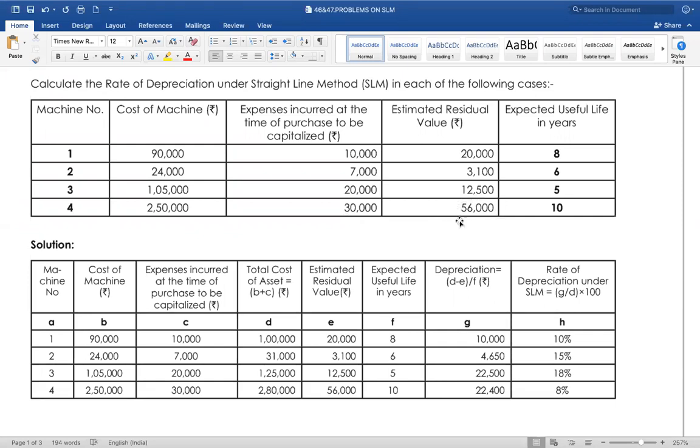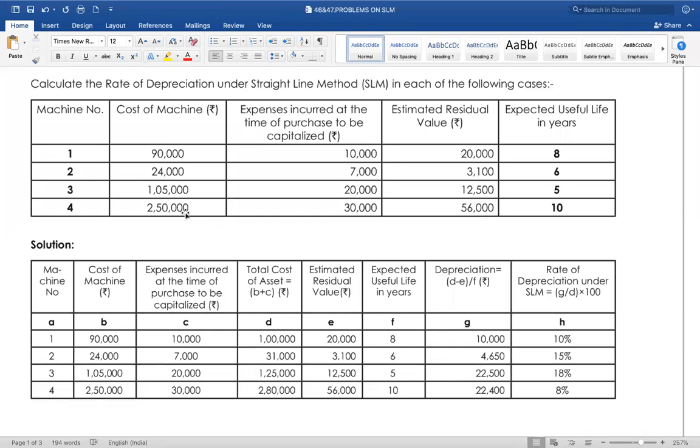This is the value you can fetch even after 10 years, even after its useful life. So 280 minus 56 is 2 lakhs 24,000.